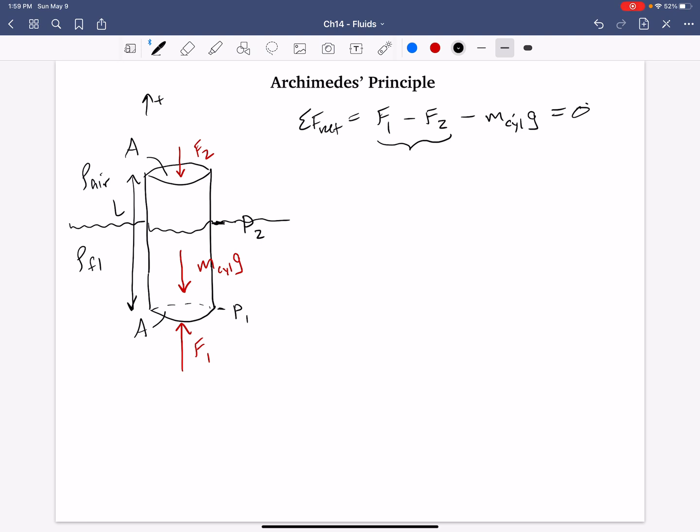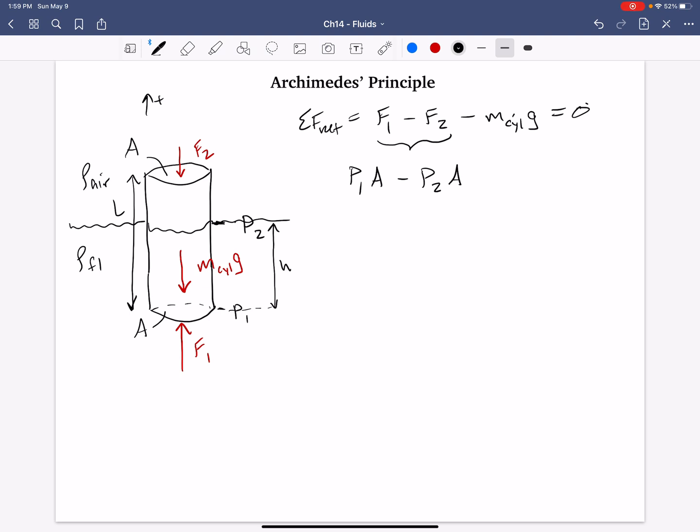In order to do this, I need to write this force in terms of pressure and area. Well, P1 times A, that's the pressure at the bottom, minus P2 A. Oh, by the way, the height difference we'll call H. It's not necessarily the same as the total length.